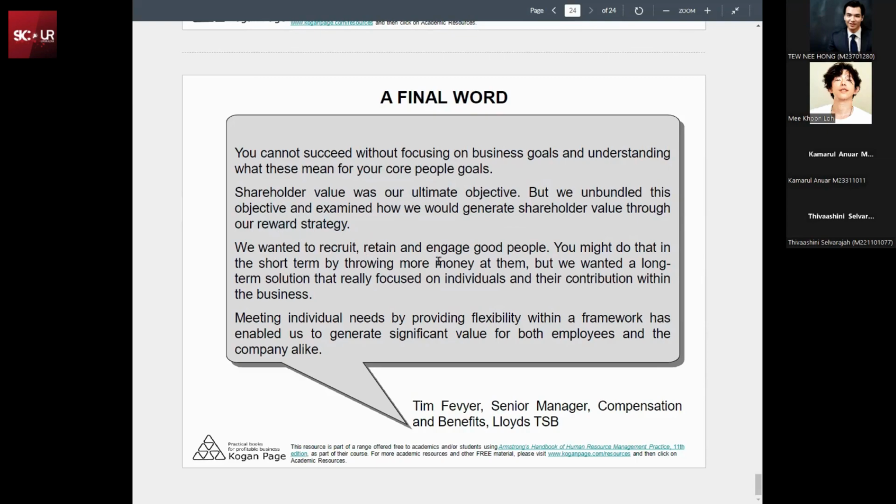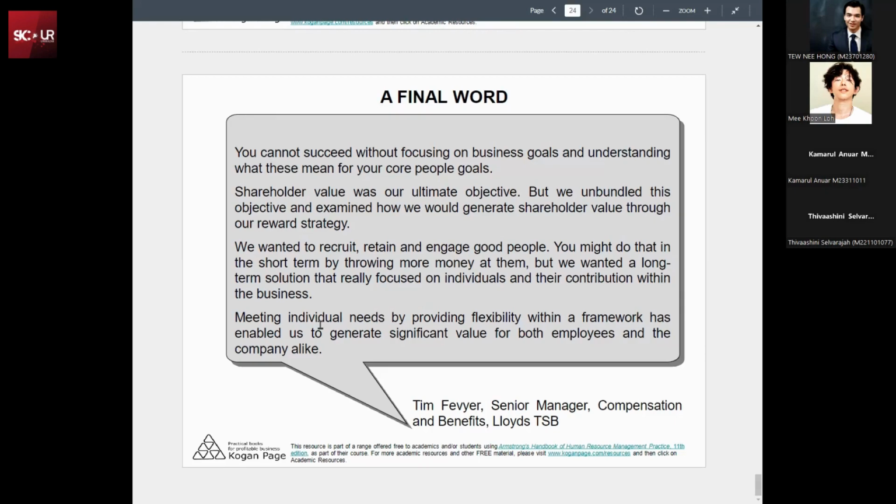You want to recruit, retain, and engage good people. You might do that in the short term by throwing more money at them. But we want a long-term solution, so we really focus on individuals and their contribution within the business. If we just throw money, it's short term. If we focus on development, it's a good one.